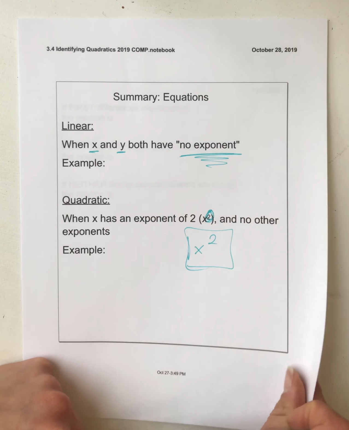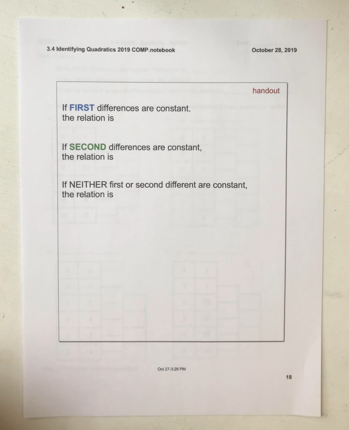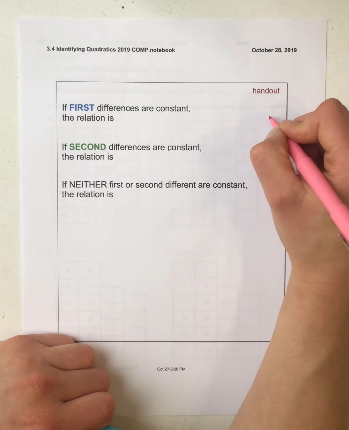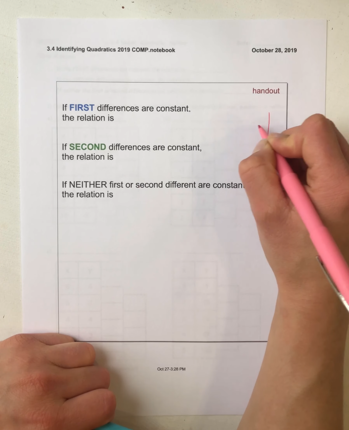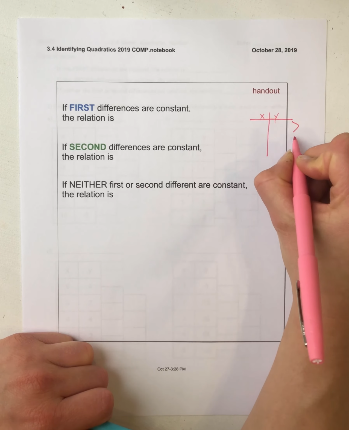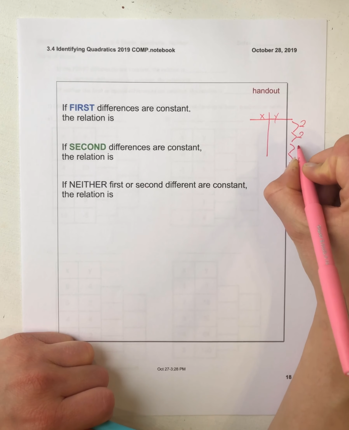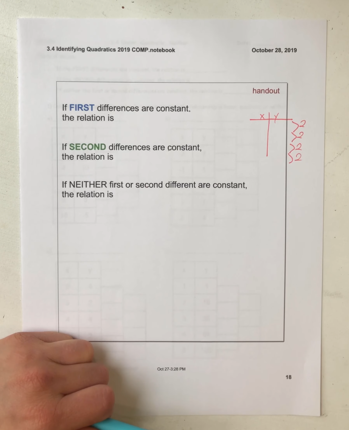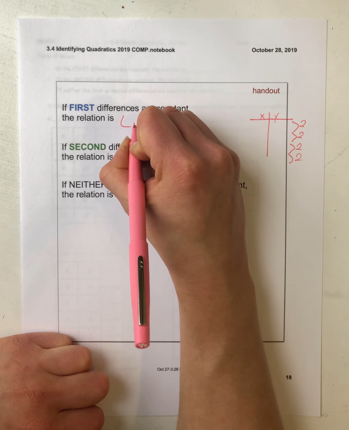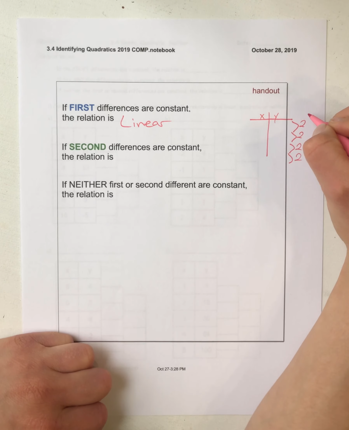So let's take a look at this. If first differences are constant, so when we're looking at our table of values and we figured out the first differences between these, if these are the same, so if it's 2, 2, and 2, it means our relation is linear, right? It's just a straight line.